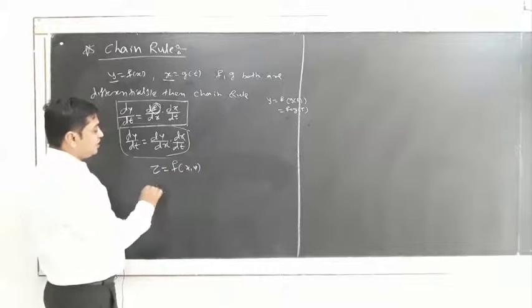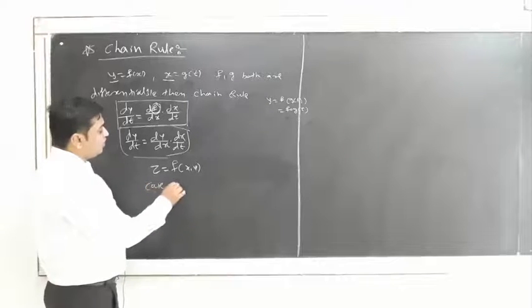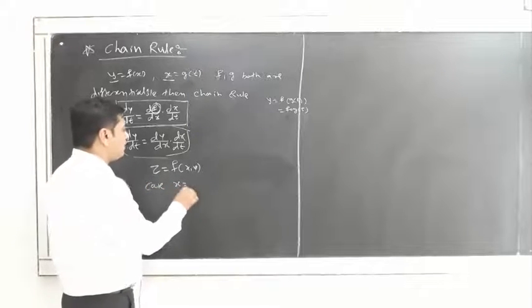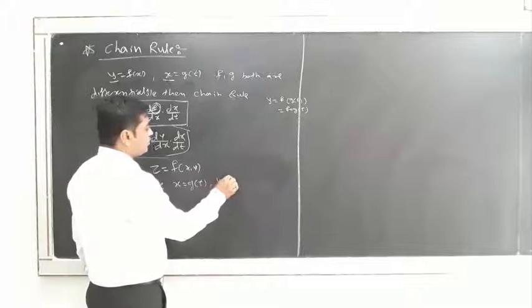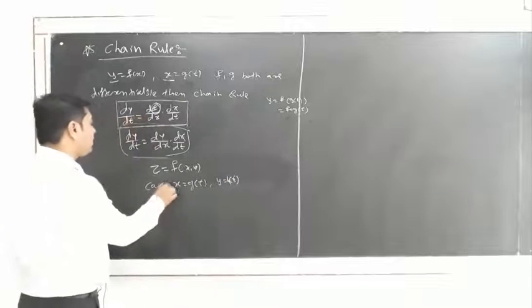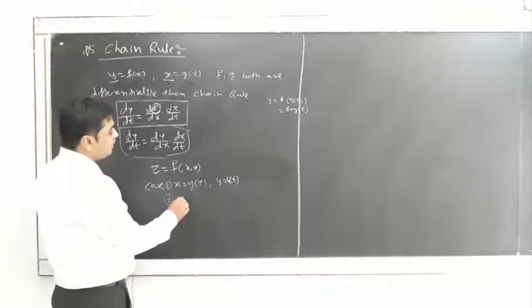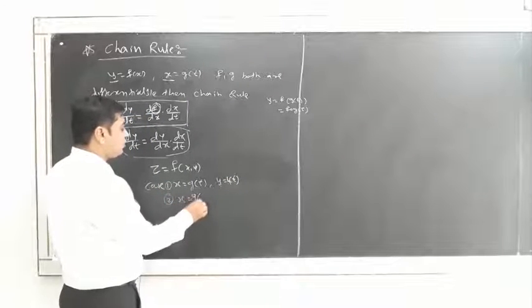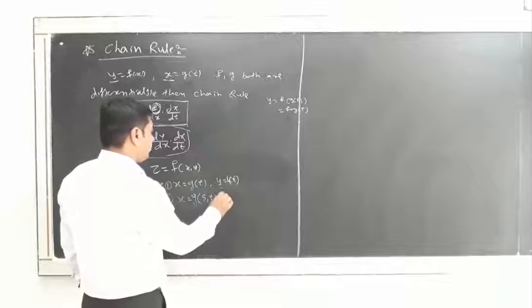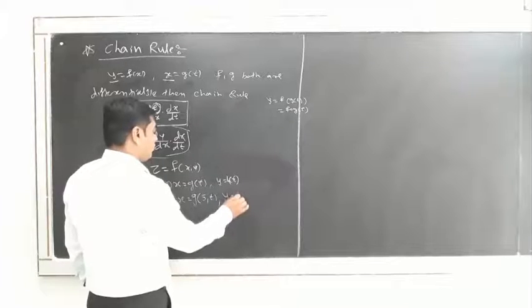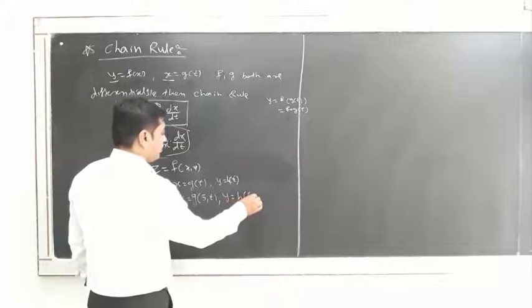Now there are some cases: x may be a function of one variable and y also a function of one variable, or x may be a function of two variables s, t, and y also a function of two variables.